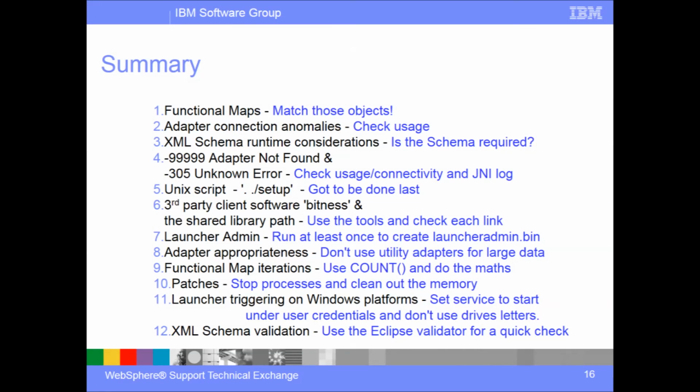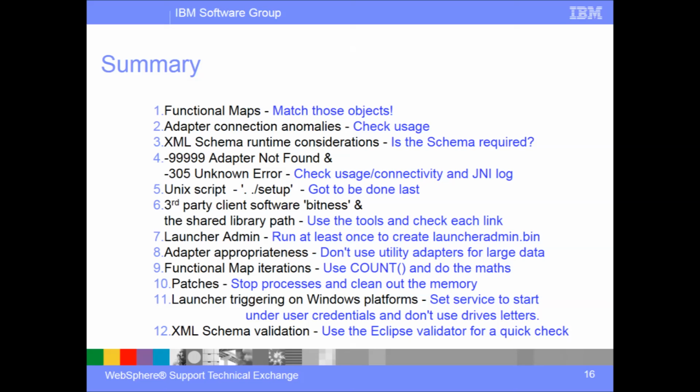In summary then, functional maps: match those objects. Adapter connection anomalies: check usage with online and offline documentation. XML Schema runtime considerations: is the schema required? -99999 adapter not found and -305 unknown error: check usage and connectivity and, if required, the JNI log.